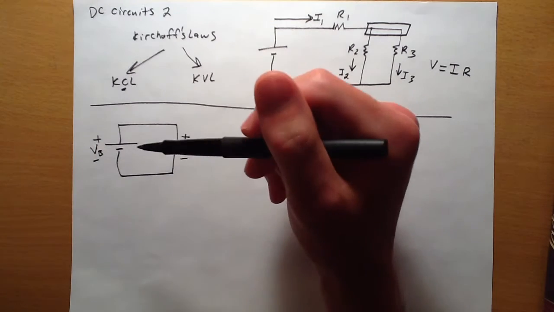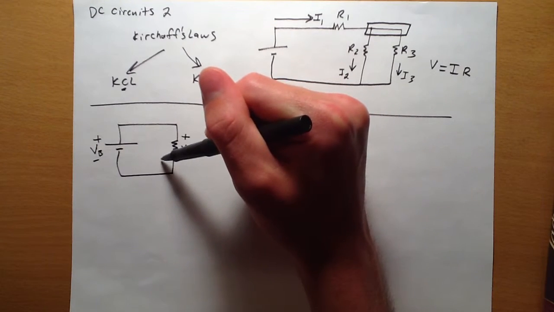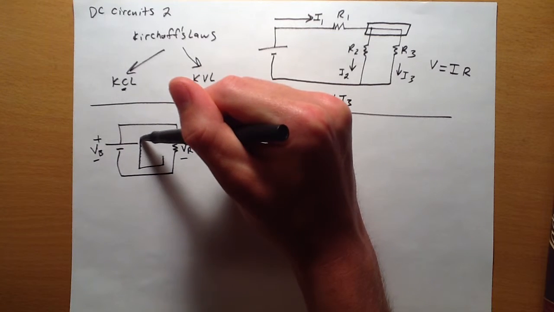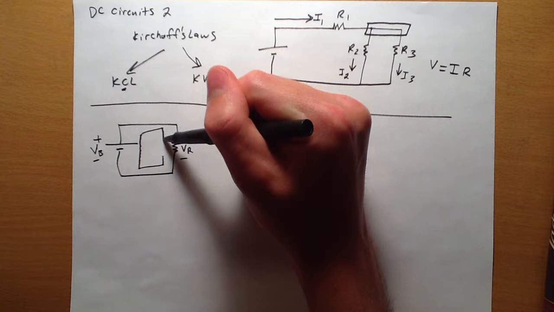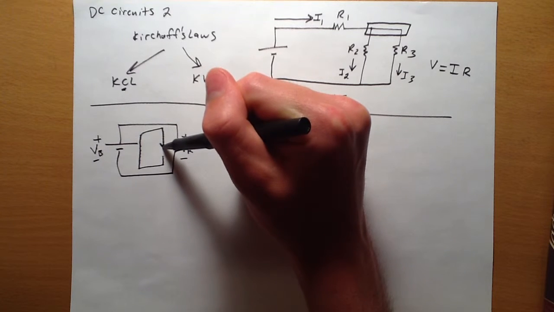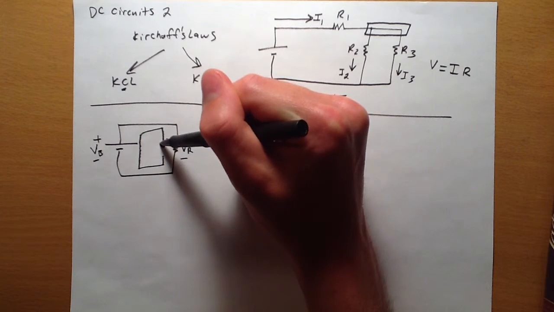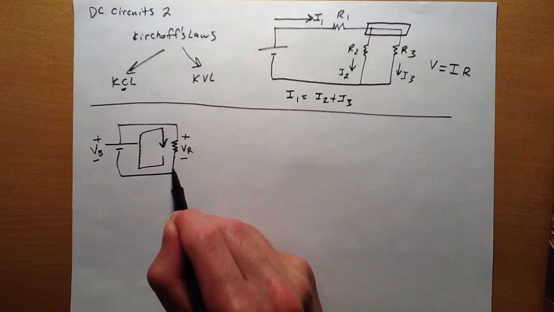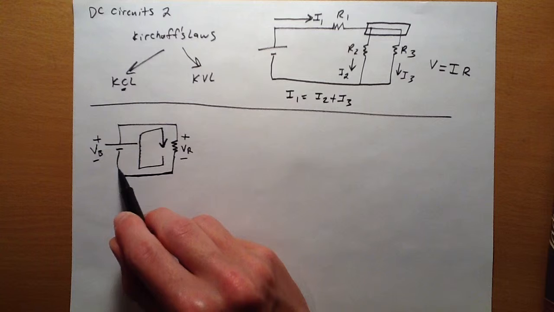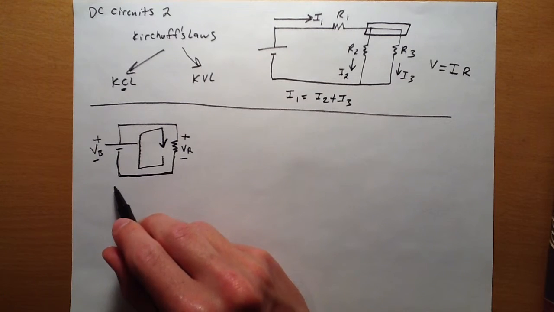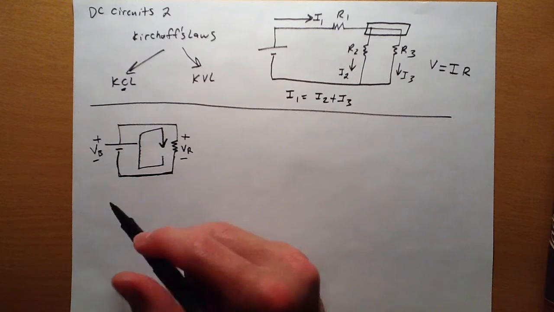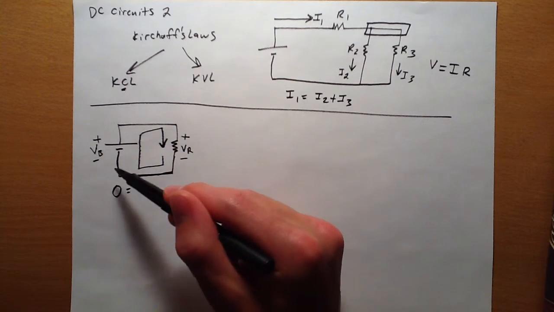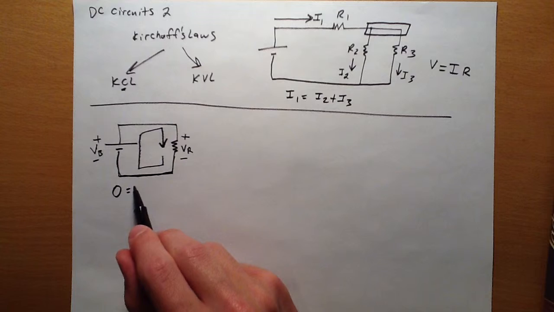So, using Kirchhoff's voltage law, Kirchhoff's loop rule, we can draw a circle around a loop. It can be any circle, as long as the start and end points are the same point. So we start here, we go around, and we have a voltage rise. We know that voltage around a loop must sum to 0, so we set it equal to 0. We have a voltage rise, so we add VB.